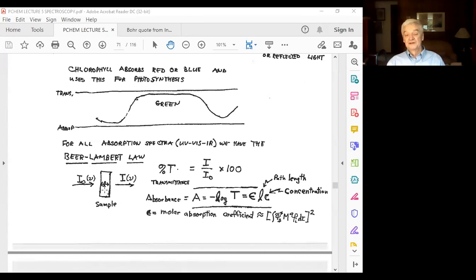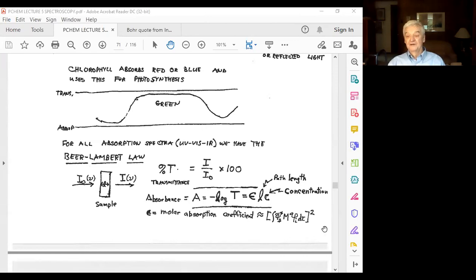So in my example here, I have a path length L. The longer it is, the more molecules I'll have in the path. And then if this is like a liquid solution, then the concentration, if it's high, would give you more molecules. So absorbance then is the product of the number of molecules times this molar absorption coefficient.